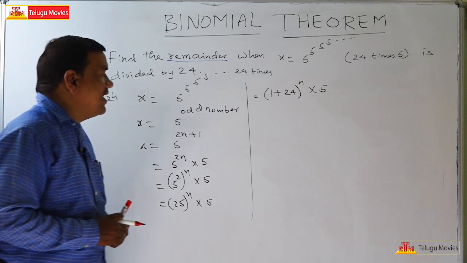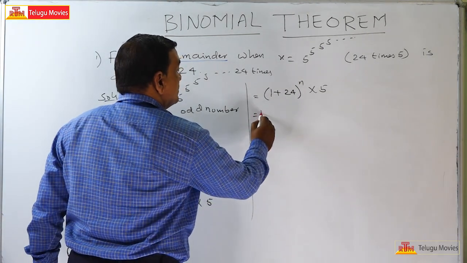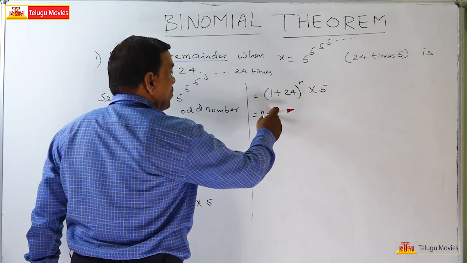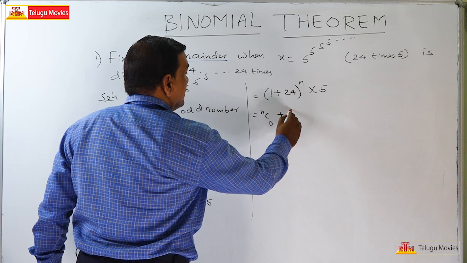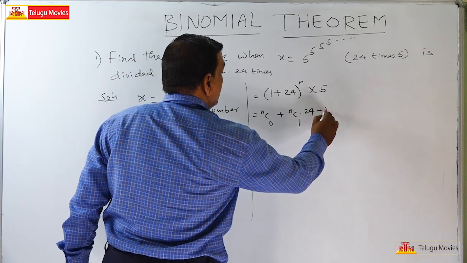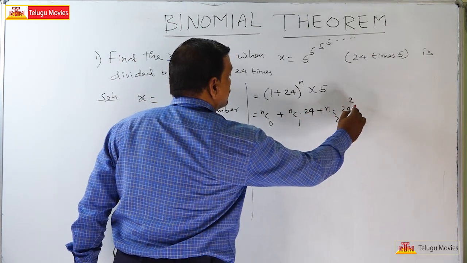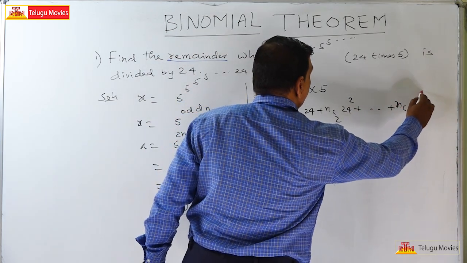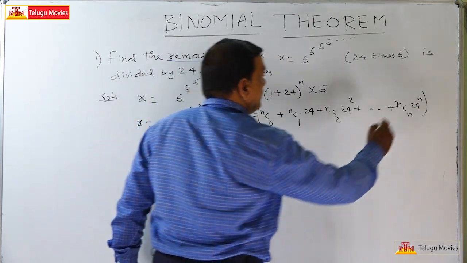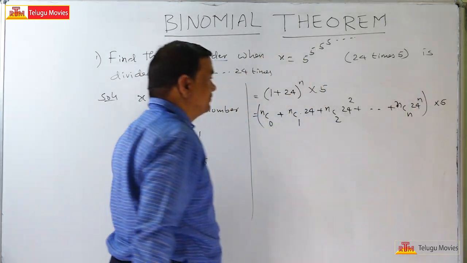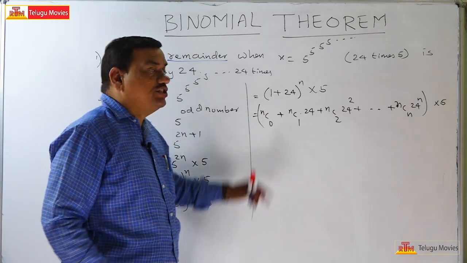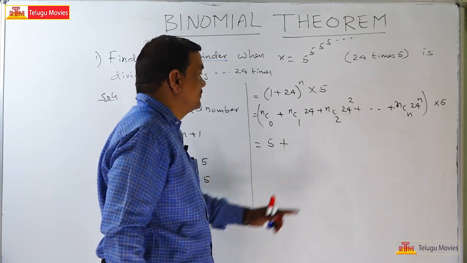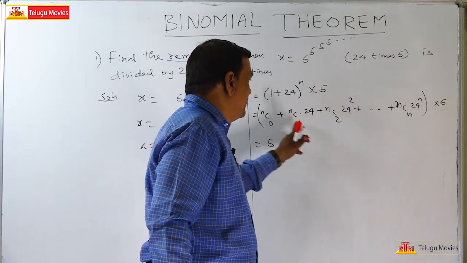Now by the binomial expansion, we know that nC0 into 1 plus nC1 into 24 plus nC2 into 24 square, and the last one nCn into 24 to the power of n, the whole thing into 5. See here, nC0 value is 1, that is equal to 5 plus 5 into the whole thing.